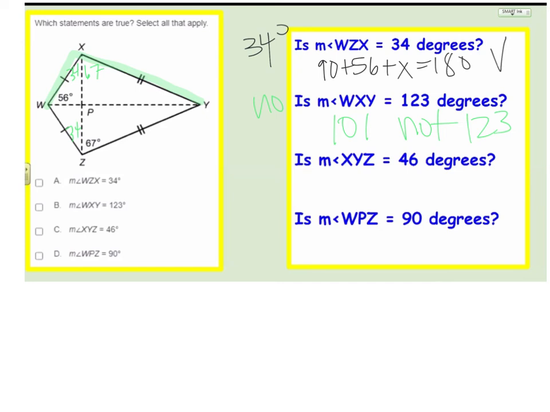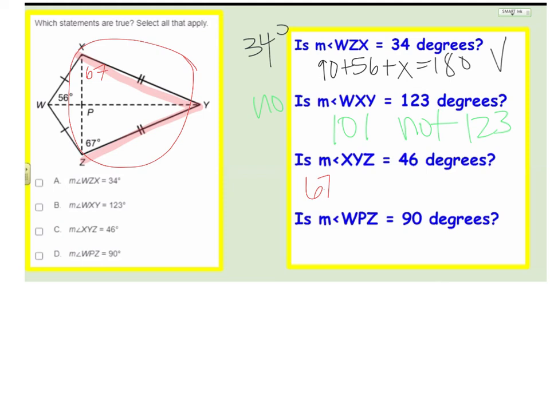All right. So now we've got to figure out, is XYZ 46 degrees? So where is XYZ? XYZ, is that 46 degrees? I've got a few ways to do this. One way that I think is easiest is if I go over here and I say, I know this is 67, then there's one big old triangle right here.